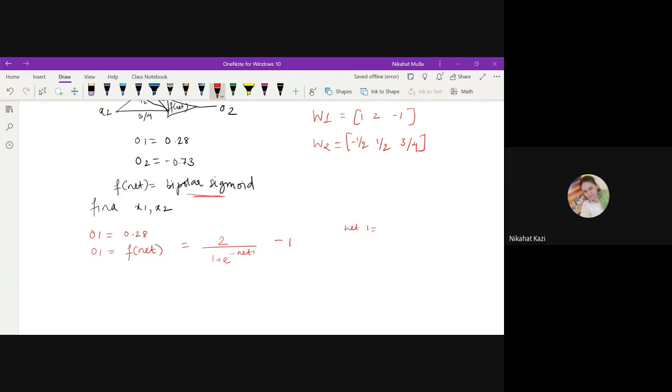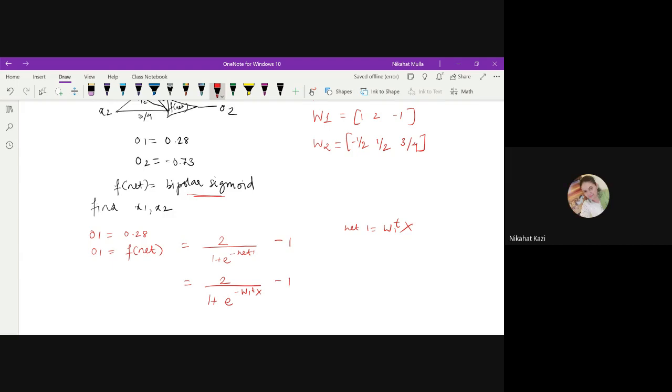Net 1 is equal to W1 transpose X. The weights which are connecting to the first neuron are the W1 weights, right? So I can write this as 2 upon 1 plus e raised to minus W1 transpose X, minus 1.